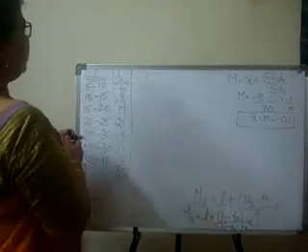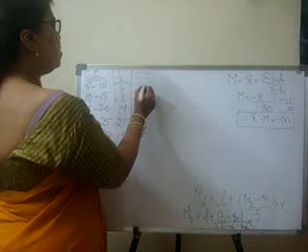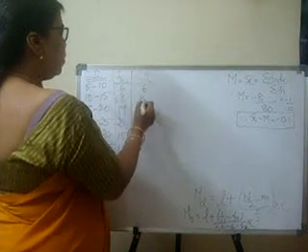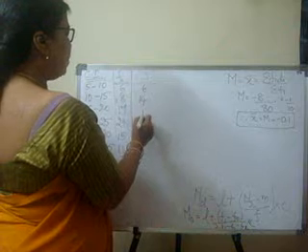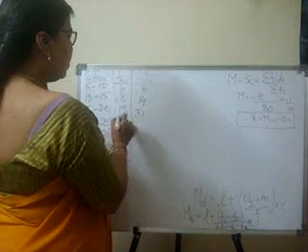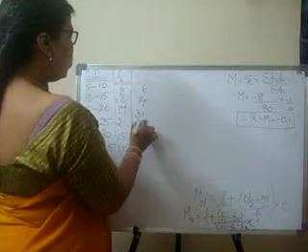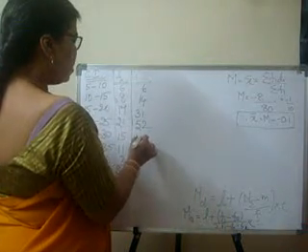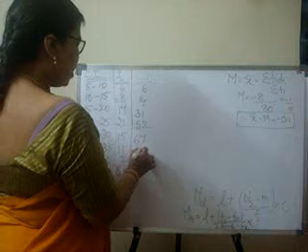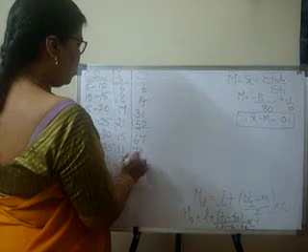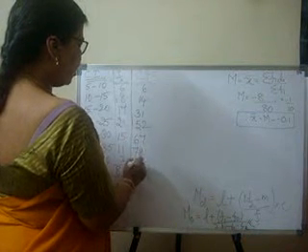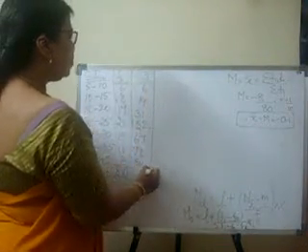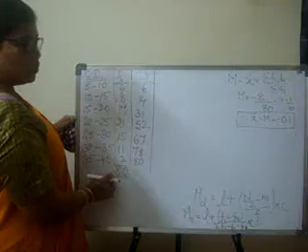The cumulative frequency is 6. 6 plus 8 would be 14. 14 plus 17 would be 31. 31 plus 21 would be 52. 52 plus 15 is 67. 67 plus 11 is 78. Always the last value of the cumulative frequency should be equal to the total number of frequencies.